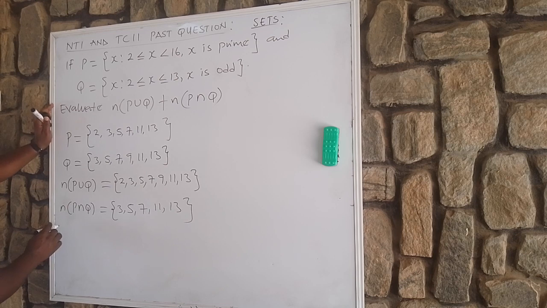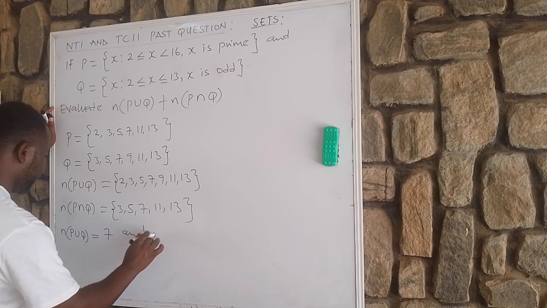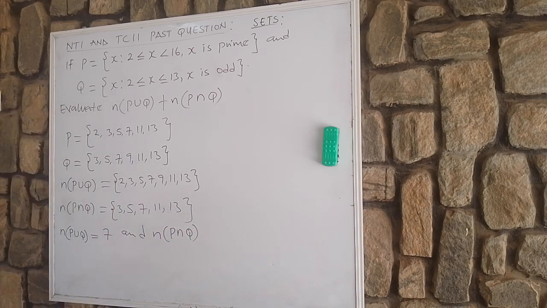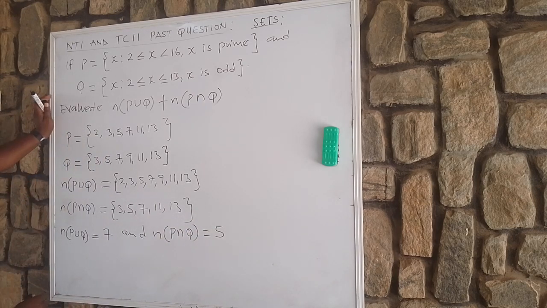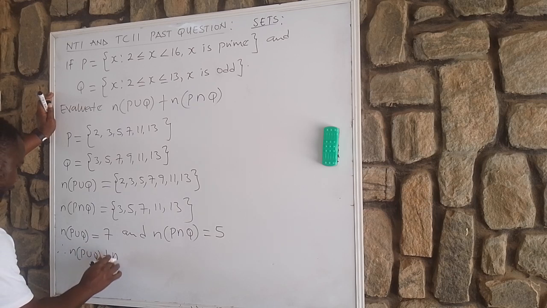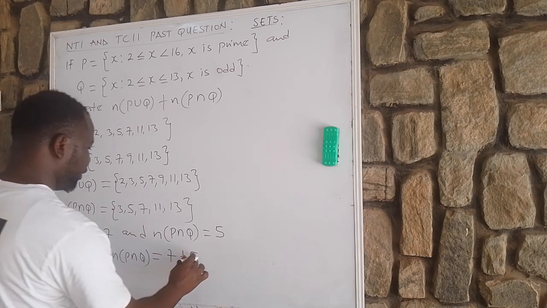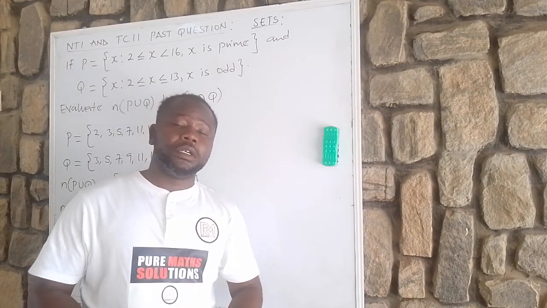So the number of elements in P union Q is 7, and the number of elements in P intersect Q is 1, 2, 3, 4, 5, equals 5. Therefore the number of P union Q plus the number of P intersect Q equals 7 plus 5, which is 12.